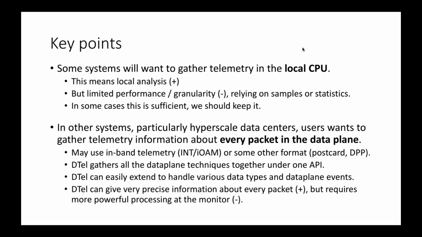And it has a very certain set of benefits, like precise information over every packet and direct correlation between each individual event to the packets actually creating the event or suffering from the event. This is a very unique property of data plane telemetry, but it also requires some more powerful processing at the monitor. So those are two very different approaches between the control plane driven and data plane driven.